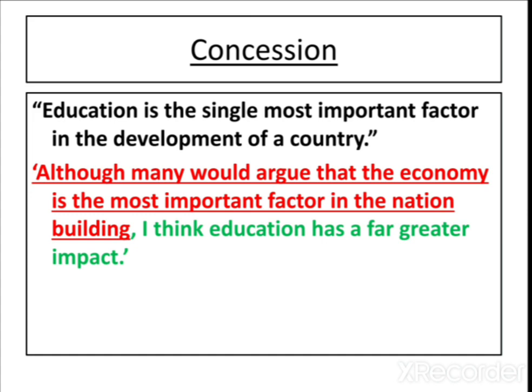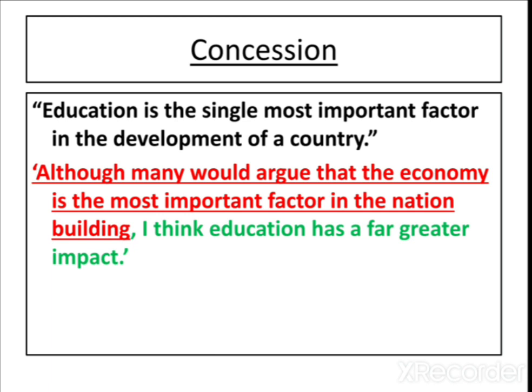So we use here the keyword although, and you will notice that this has two clauses. I don't want to get you involved technically with grammar today, but what I mean is, if you see, we have the red part: although many would argue that the economy is the most important factor in nation building. And then we have a second part.